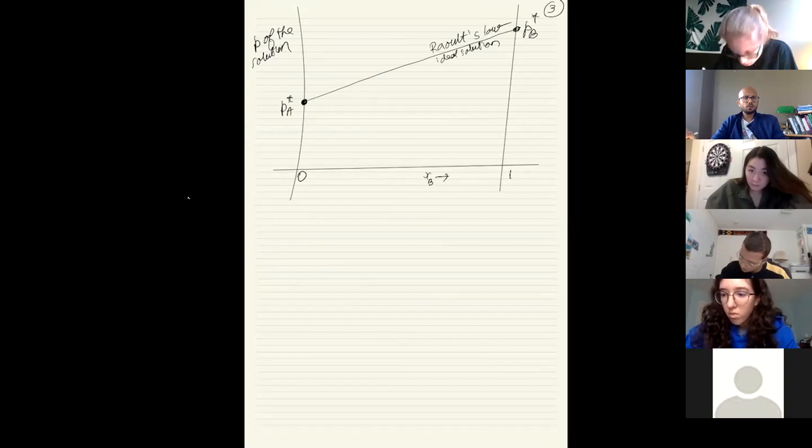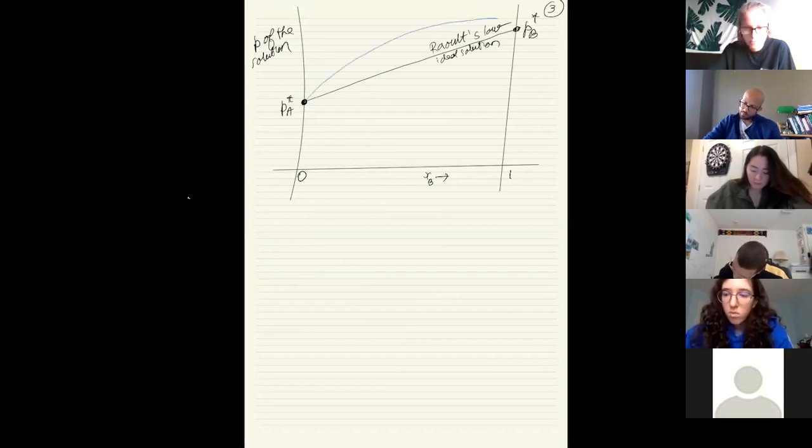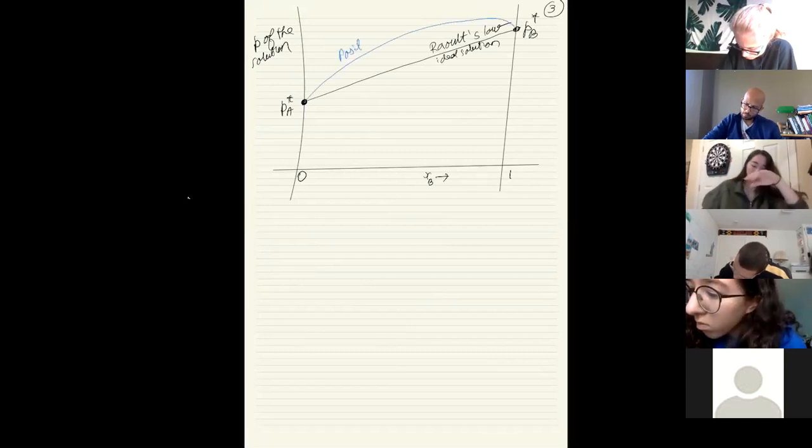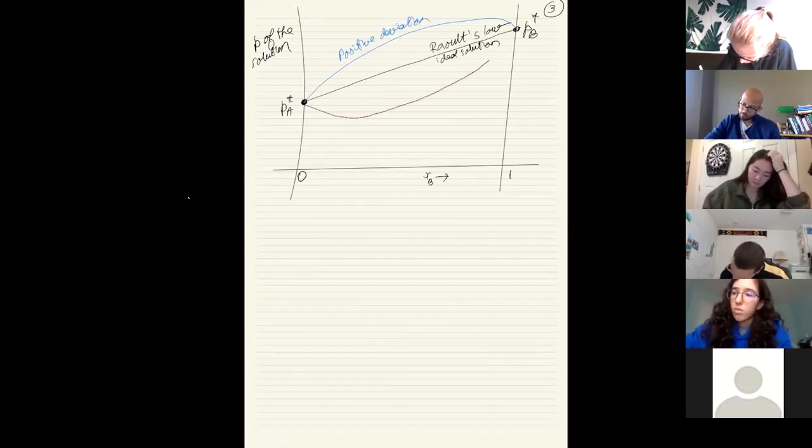What was the term on the regular solution graph? It was omega. I will just write it down over here. And we are going to talk about regular solution plenty. In practice, you can have a positive deviation from Raoult's law, or you can have a negative deviation from Raoult's law.